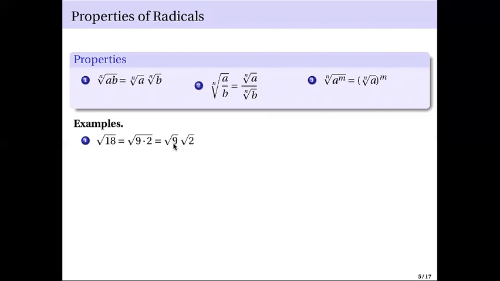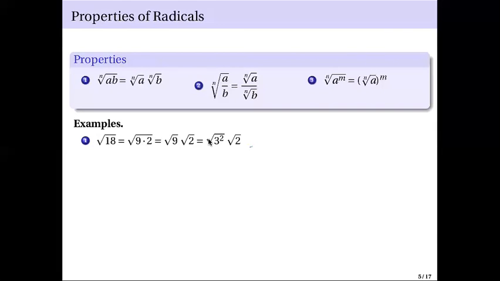Now, take note, 9 is equal to 3 squared, or 3 times 3. So I can now rewrite square root of 9 as square root of 3 squared. And notice, there is an invisible 2 in here.